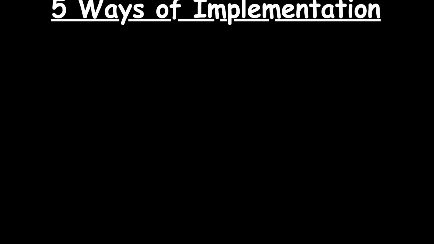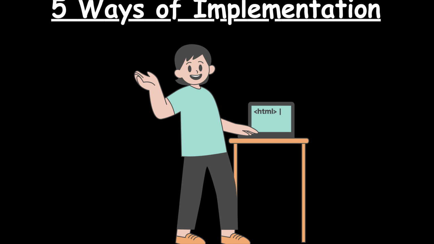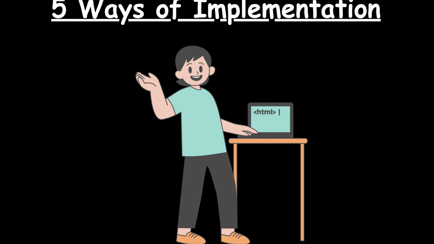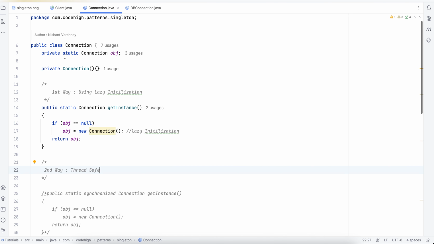Now let's move to the different ways to implement the singleton pattern in Java and how this is stored in our Java memory. To understand this, let's move on to the Java code. I have created one class for you, this Connection class, which will be a singleton class.